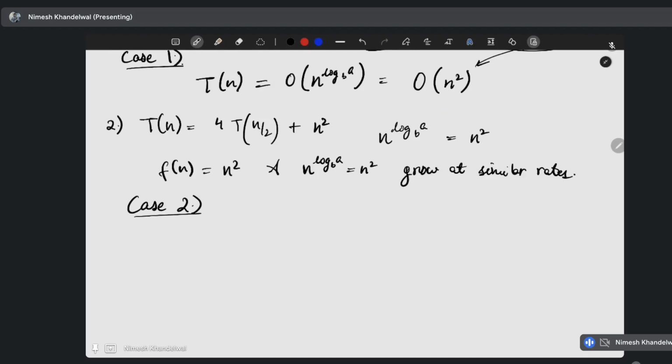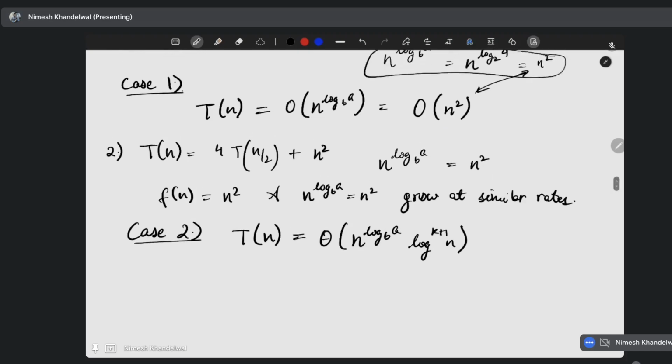Right? And in case 2, we know that the time complexity is basically theta of n to the power log a base b times log to the power k plus 1 of n, right? And k here was 0, right?